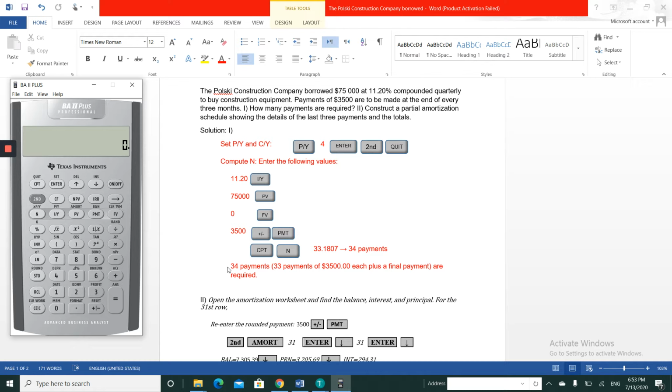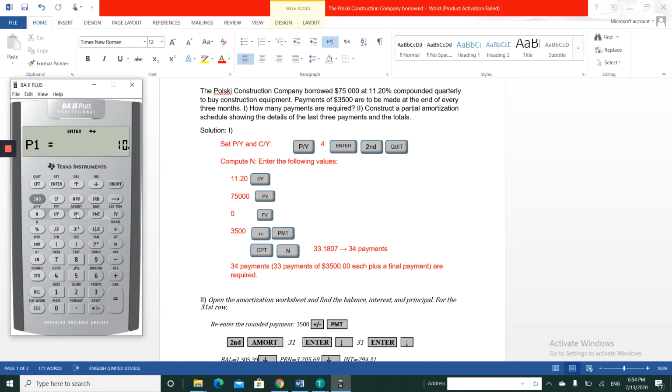The amount of each payment is $3,500, so re-enter the rounded payment. There is no need for rounding, it's an integer number. 3,500, positive or negative, it's PMT. Then open the amortization worksheet, second amortization.